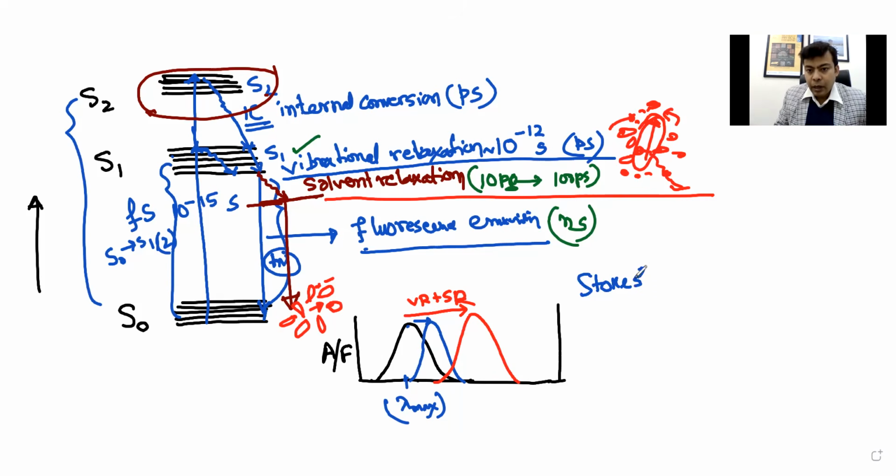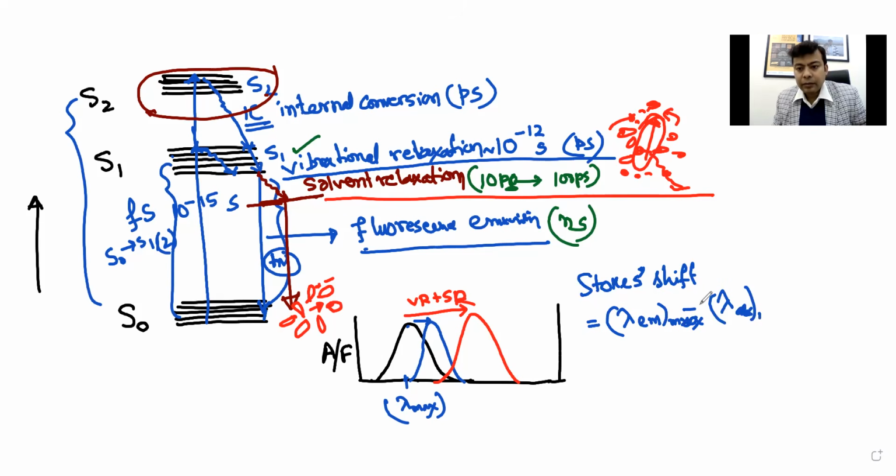So the name is Stokes, therefore Stokes shift, equals essentially lambda emission max minus lambda absorption max, or lambda max. So this is basically the Stokes shift.